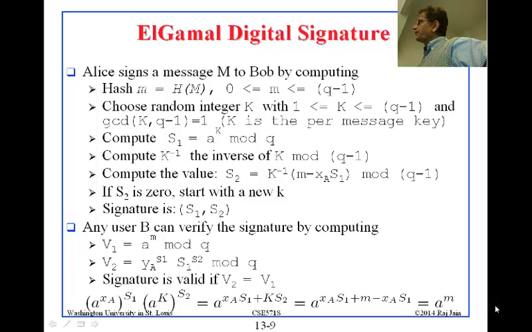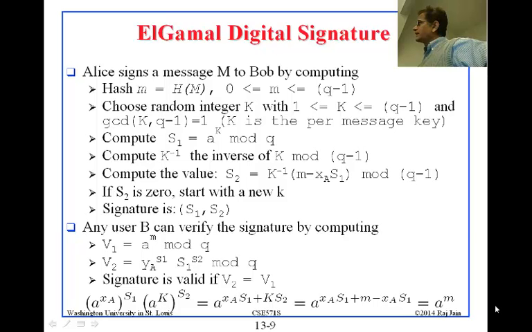Why? Because YA is A raised to XA, raised to S1, and S1 is A raised to K, and then raised to S2, right? So when you put all this together, it becomes A raised to XA S1 plus K times S2, and S2 is K inverse times M minus XA S1.